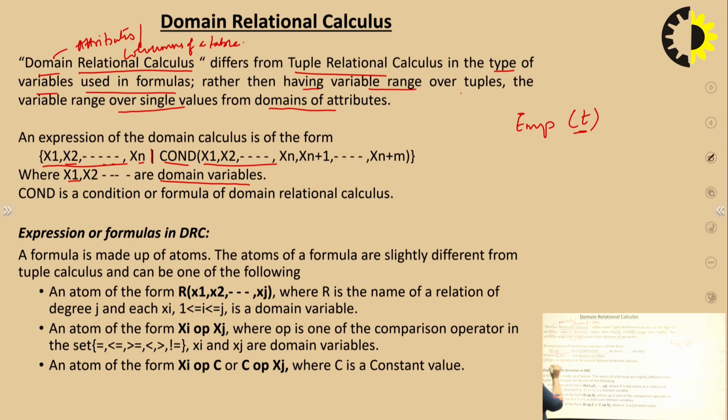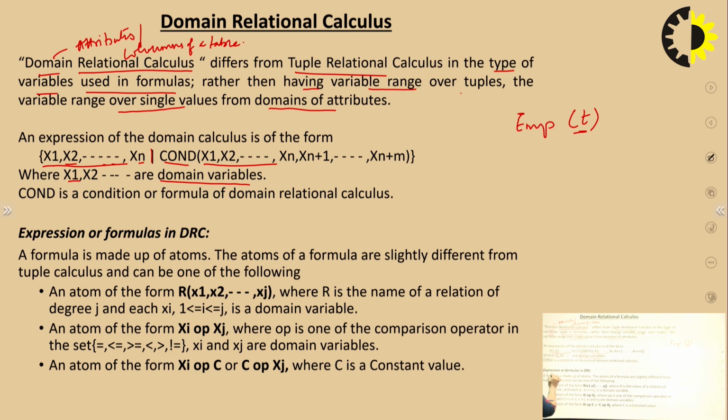And what is the condition? Whatever condition we are applying on the table. For example, if we want to find the employee names whose salary is greater than 5,000, then the condition is that the salary is greater than 5,000. So we have to fetch the employee names. According to that, we will find the attribute and we will range over the variables there.